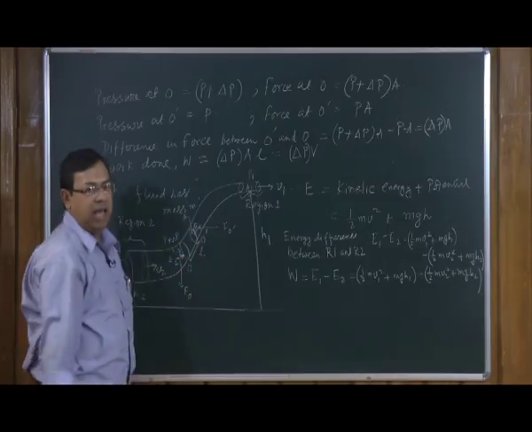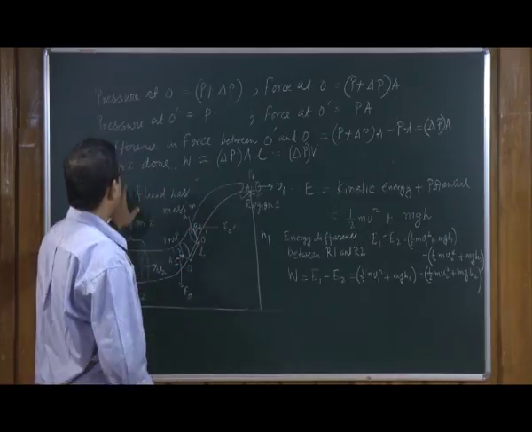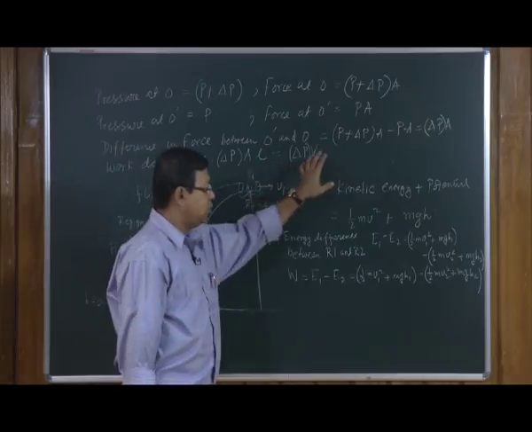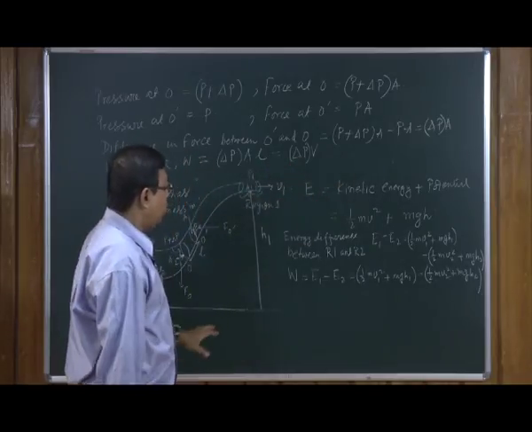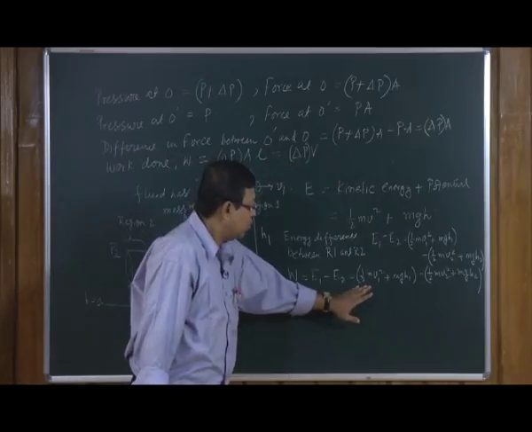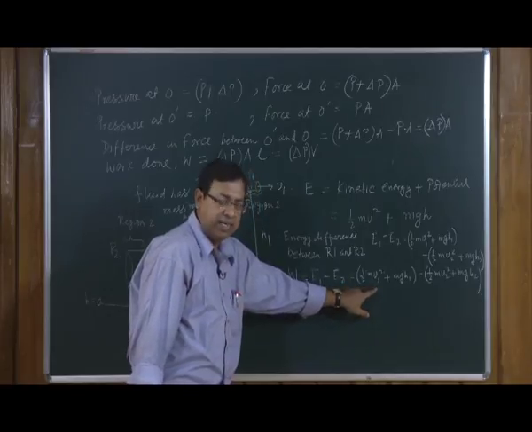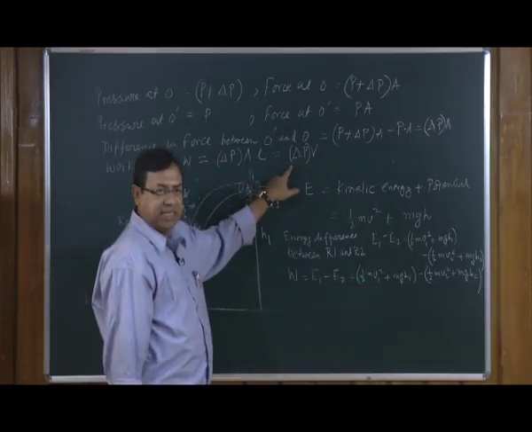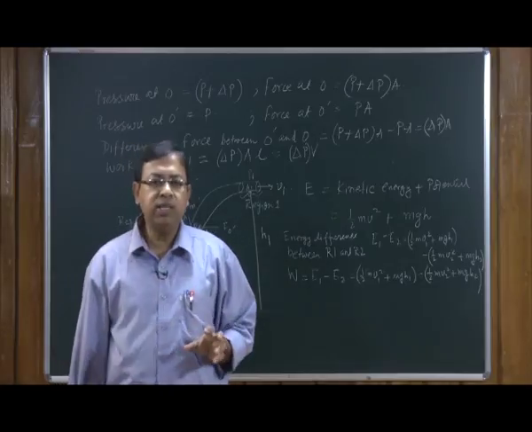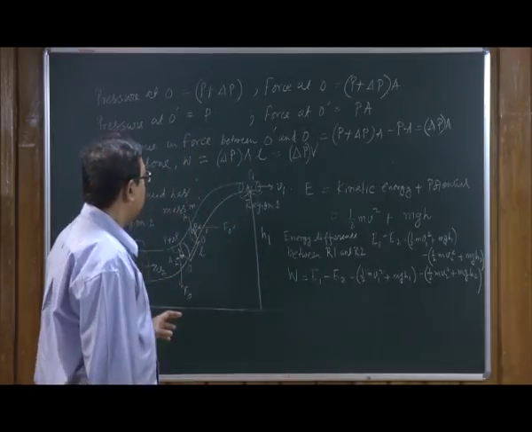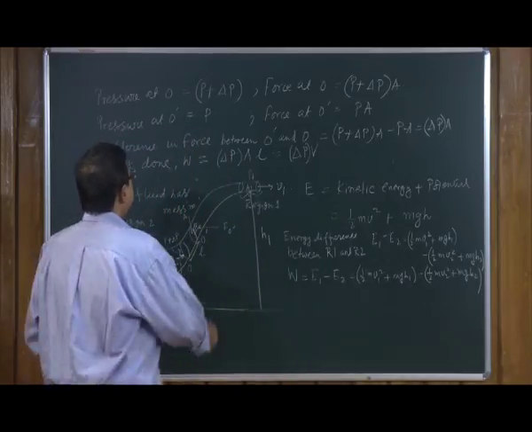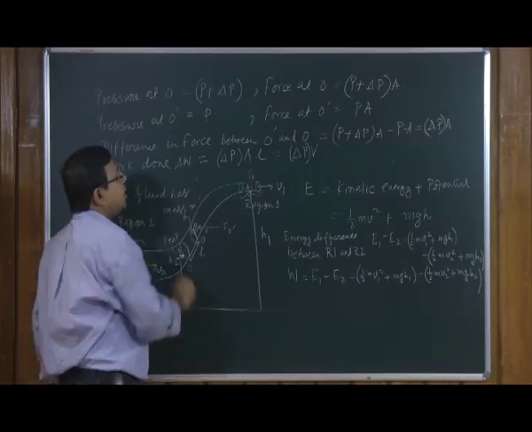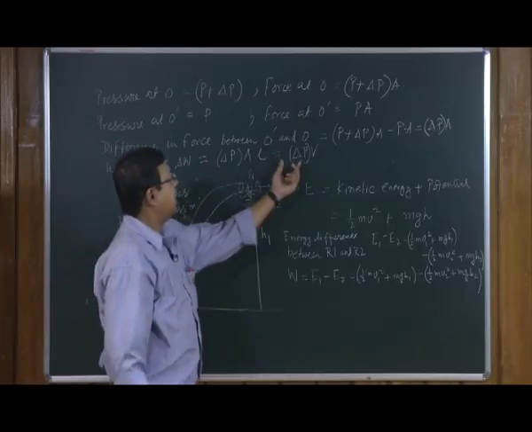So, the work done will be delta P into V. So, now we will have to equate the work done written here on the right hand side to the work done that is there. This will be an elemental work, that is delta P into V.